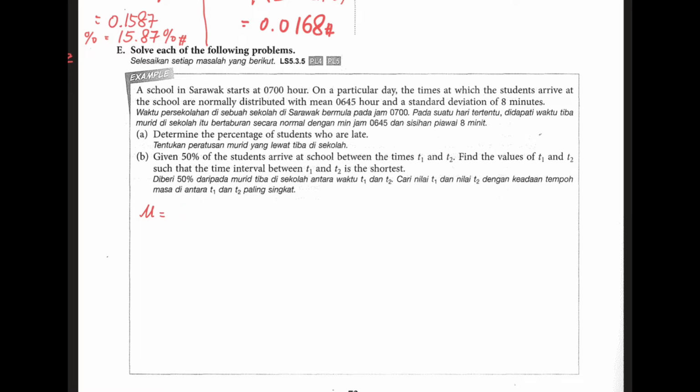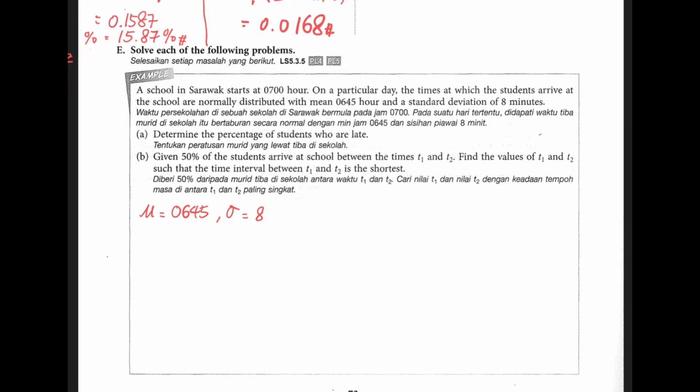The mean is 0.645. Okay, the mean is the time. And then the standard deviation is 8.